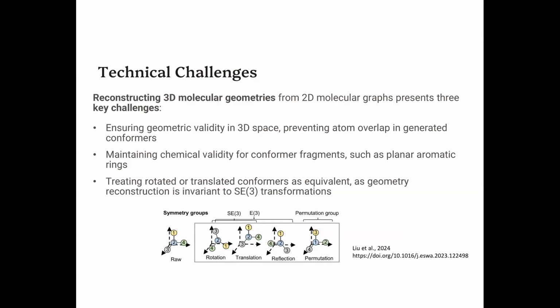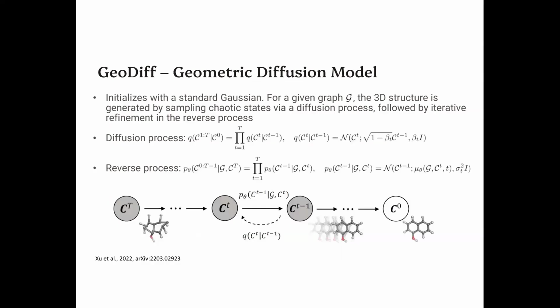For instance, in the case of porphyrins, the aromatic ring has to be on the same plane. And of course, the geometry reconstruction must be invariant to simple Euclidean transformations, and we are talking about rotations and translations, which means that conformers rotated and translated are equivalent.